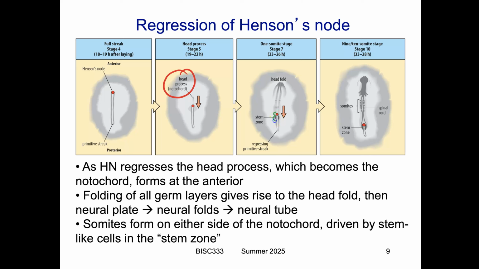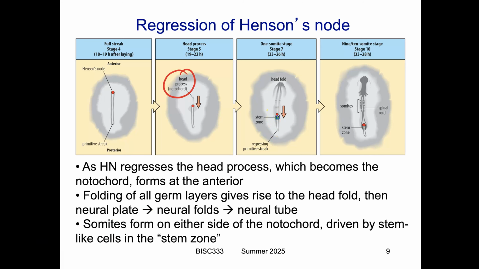And then these cells tell these cells ahead to start expressing the stem zone genes, and the node tells these cells to start expressing the genes to act like the node, and so on. So it's almost like the baton being passed along, just like a relay race.